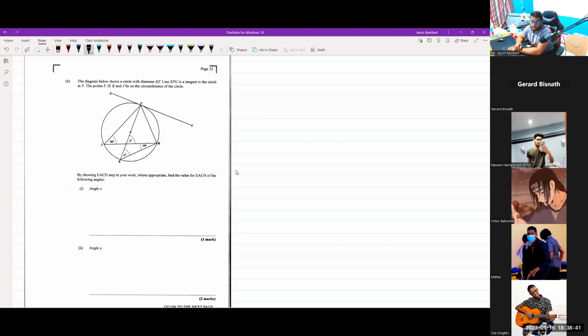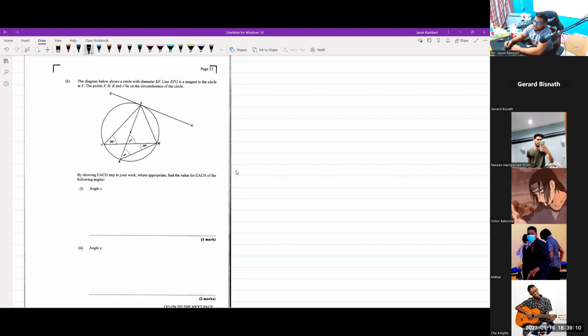Angle Y. Nothing parallel. 1, 2, 3. Okay.